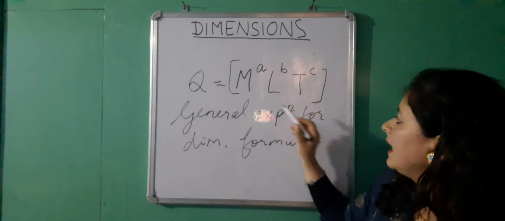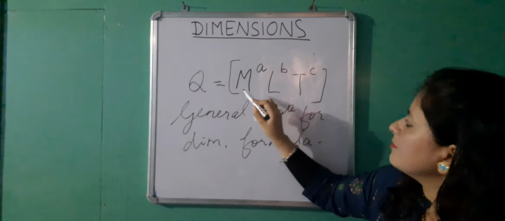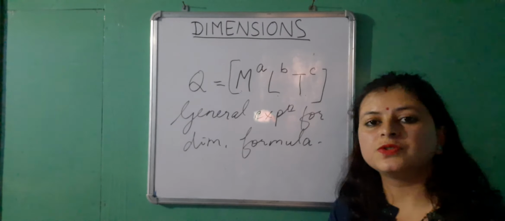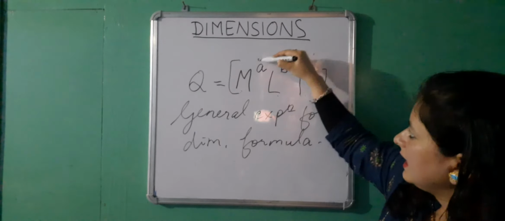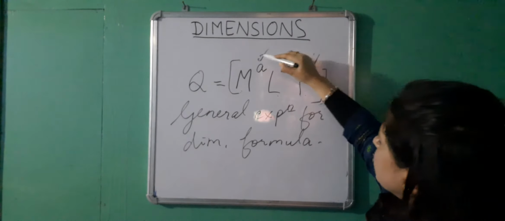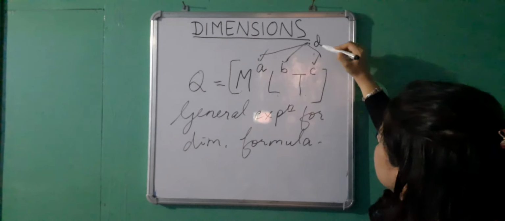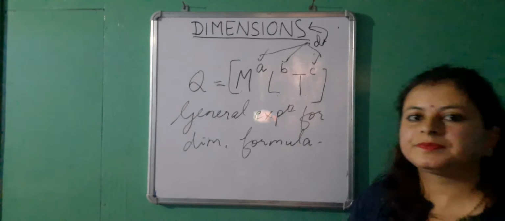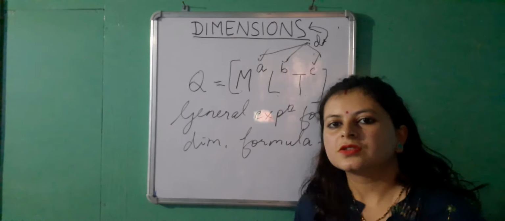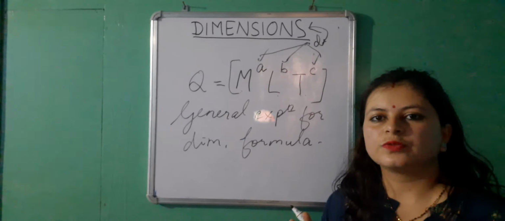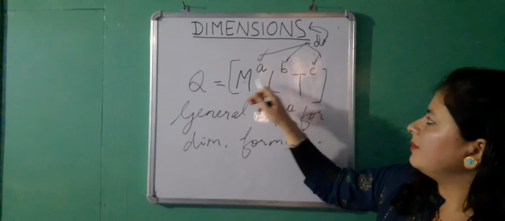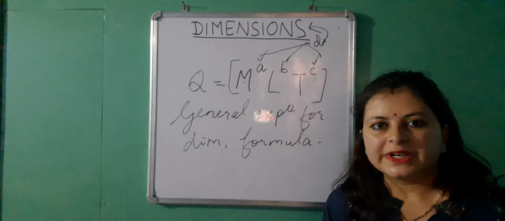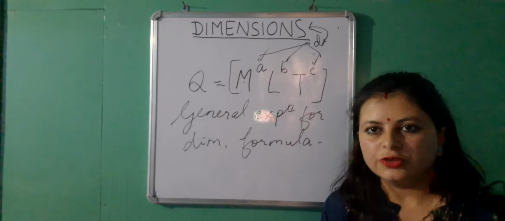So here M, L, T, mass, length, time happen to be the fundamental quantities, and a, b, c are actually the dimensions. So I hope it is clear so far that dimension means the powers to which we raise these M, L and T to express a physical quantity's unit.